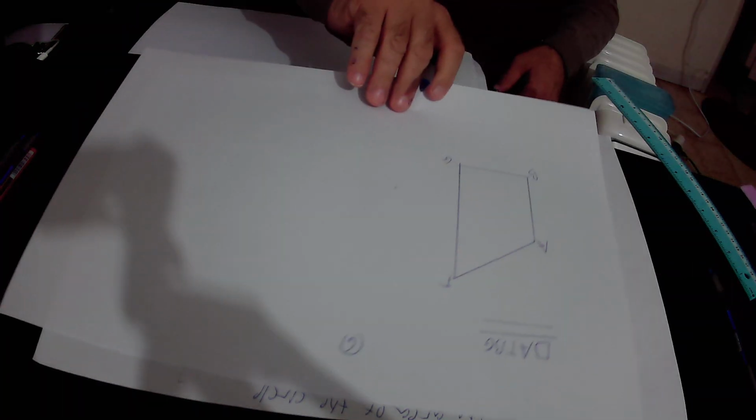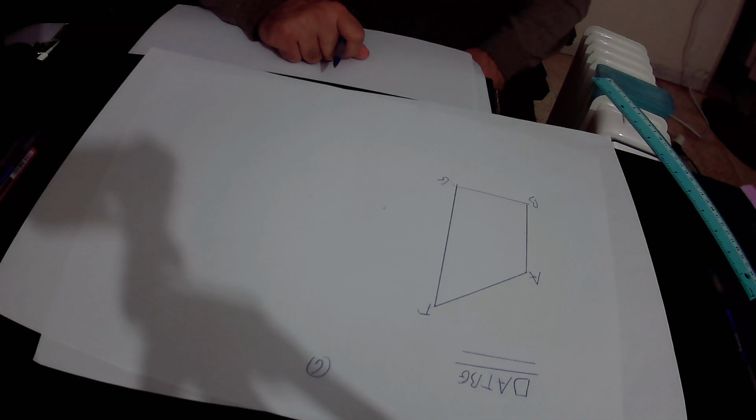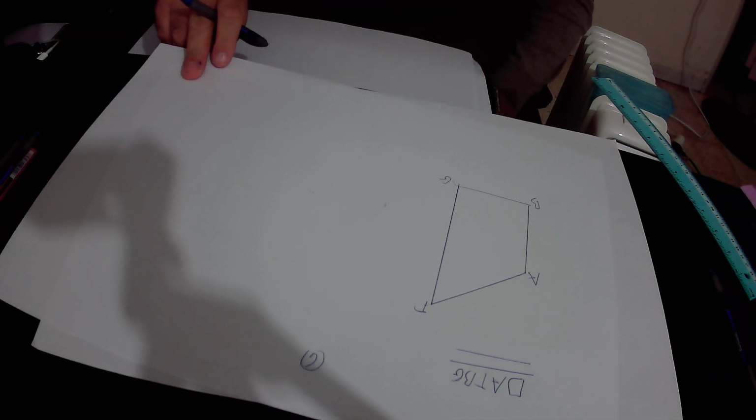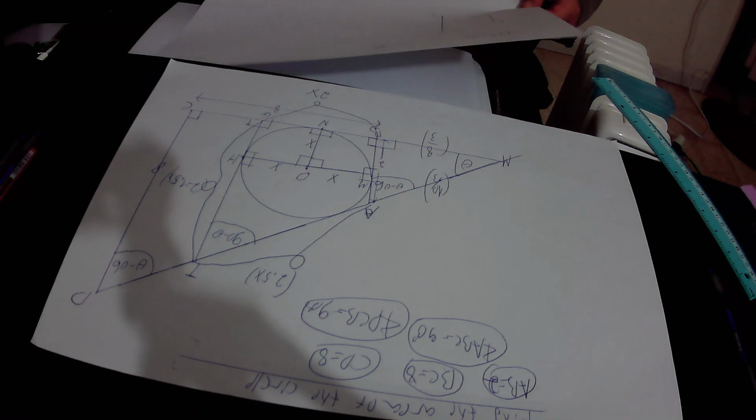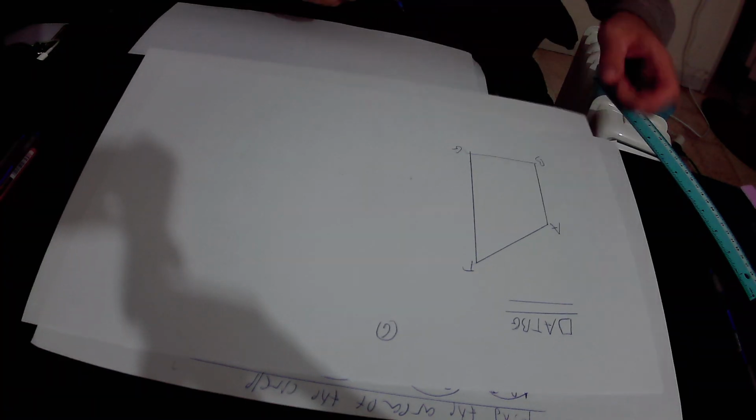Okay, this is quadrilateral ATBG that I call it from the original drawing. This quadrilateral ATBG blocks this circle. So I copy this circle in our new drawing here.